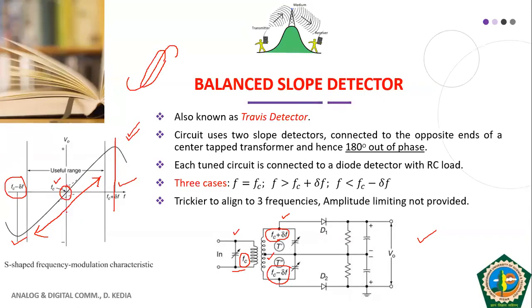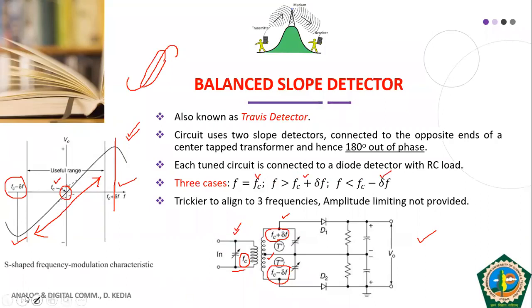So here you can see that your transformer is tuned corresponding to three frequencies. The primary is tuned to FC, and the two portions of the secondary are tuned to FC plus delta F and FC minus delta F respectively. So there are three cases: FC, FC plus delta F, and FC minus delta F.